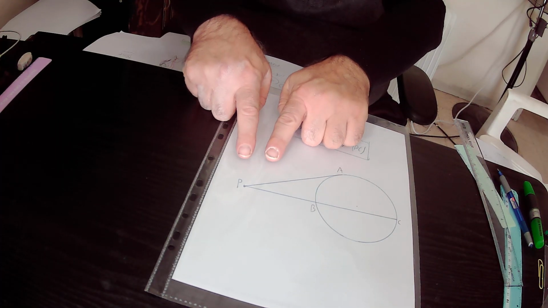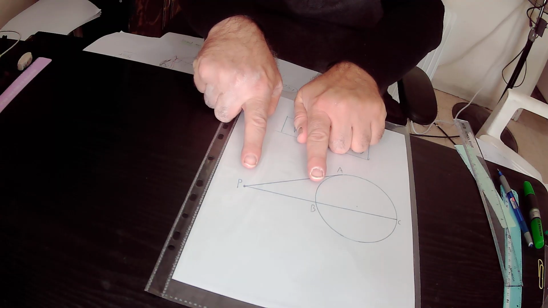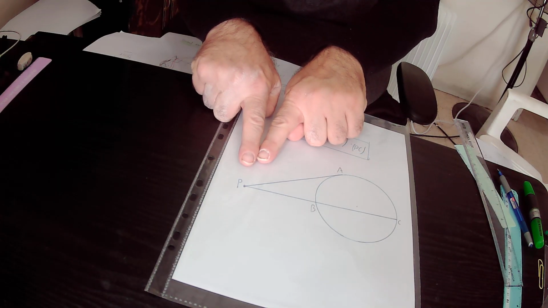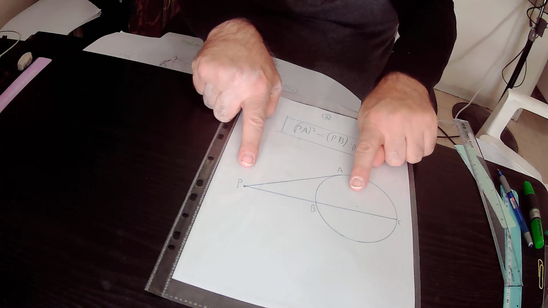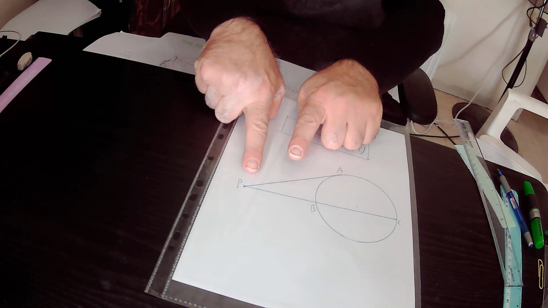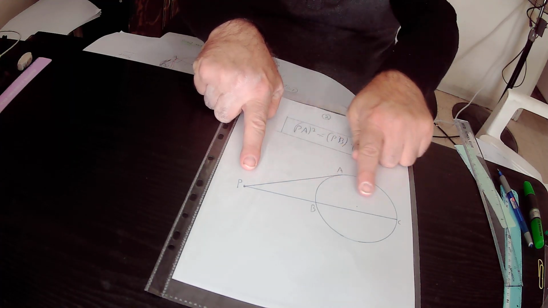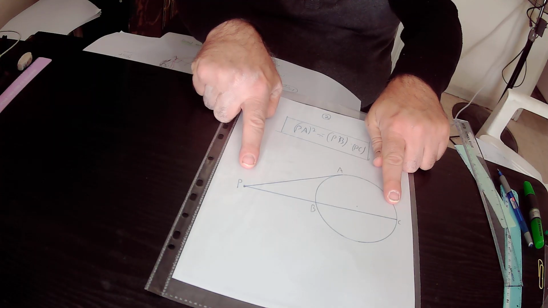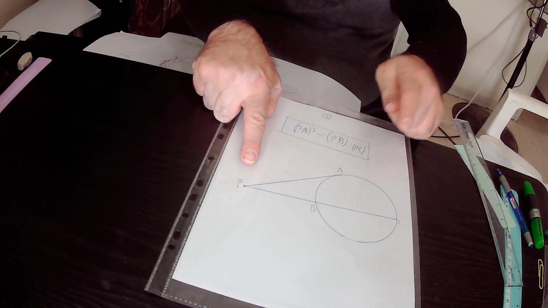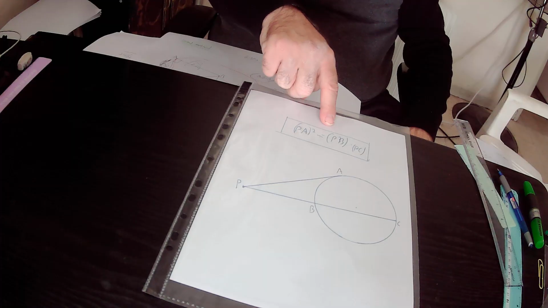PB is the external part of secant PC, and the length of the secant in total is PC. So PA squared equals PB times PC.